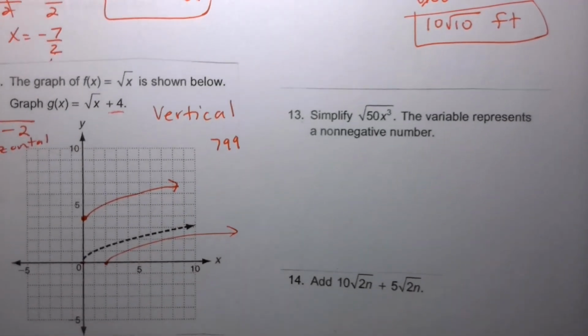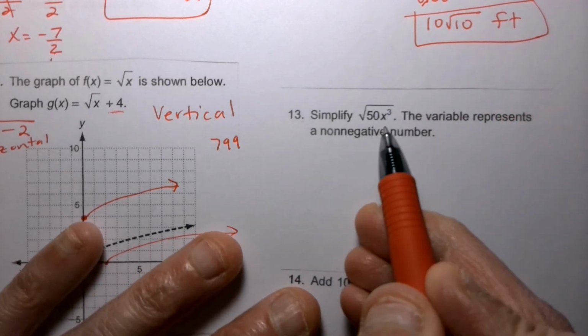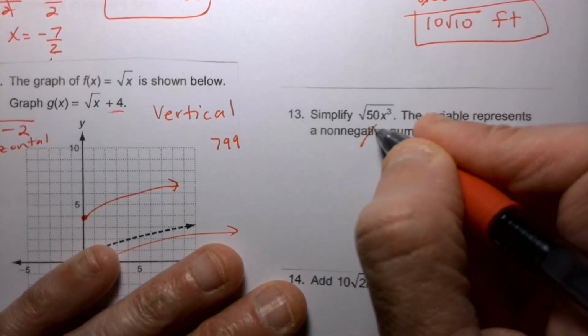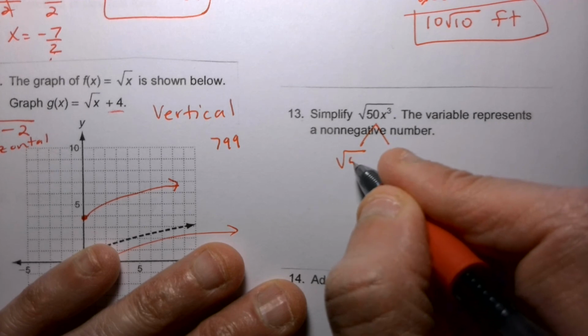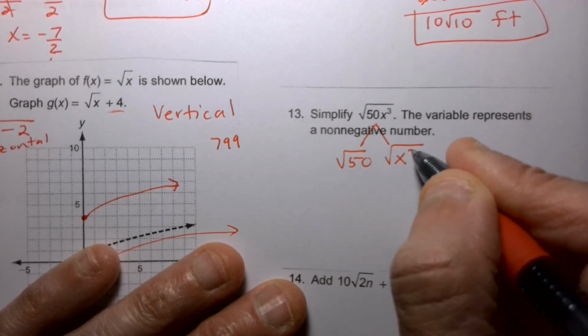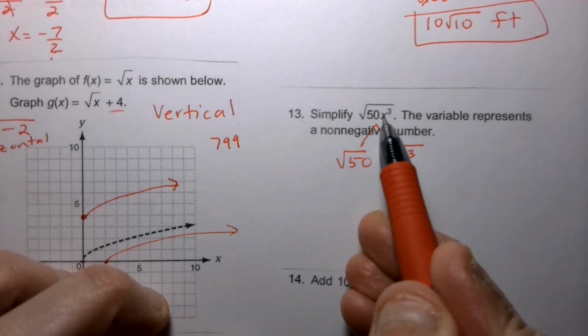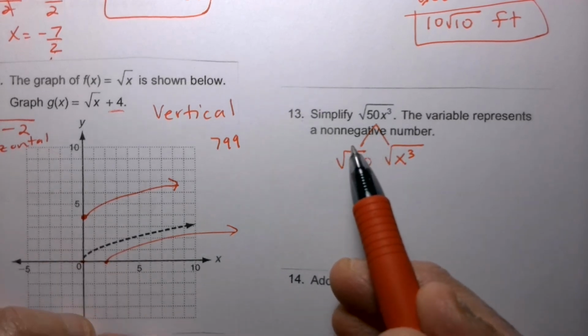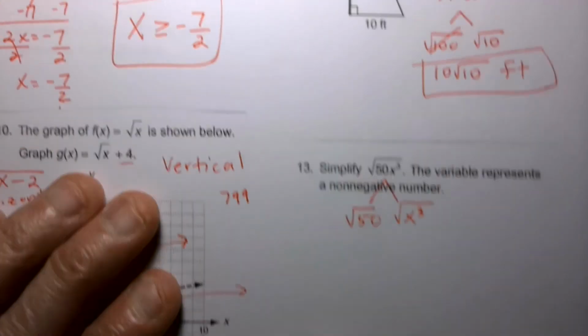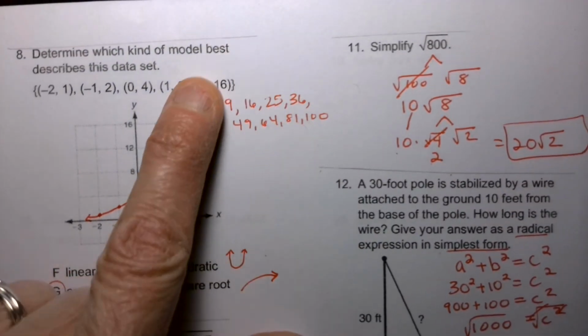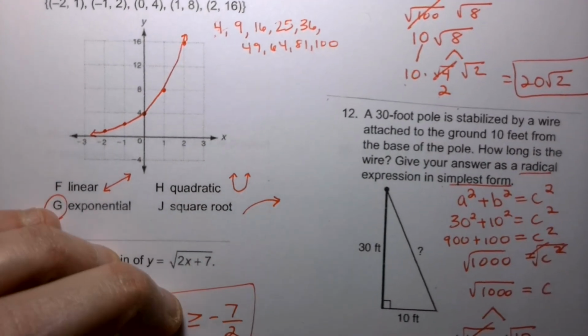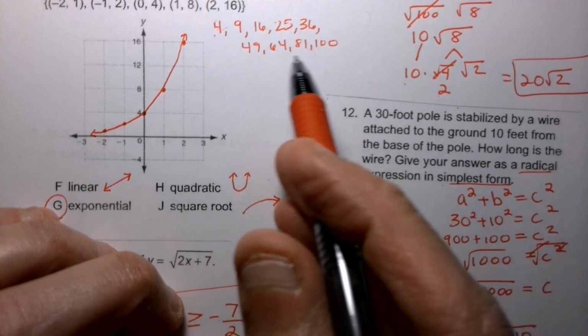All right, simplify this. I recommend you take these, break it down, and put the number in one, and put the variable in the other, so you can look at them separately. Because they're multiplied, you can do that. Now again, when I'm looking at the number, I'm trying to look up here. Can you divide 50 by anything in here?